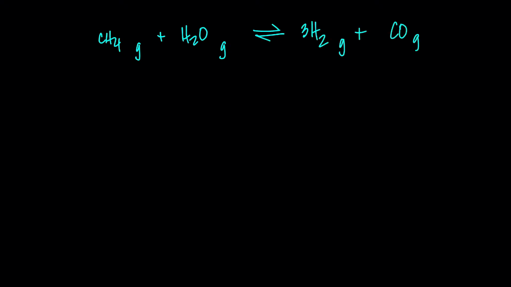Let me show you another example. In this case, we've got methane gas and steam in equilibrium with hydrogen gas and carbon monoxide gas. These are all gases. Methane gas and steam make hydrogen and carbon monoxide. All right?